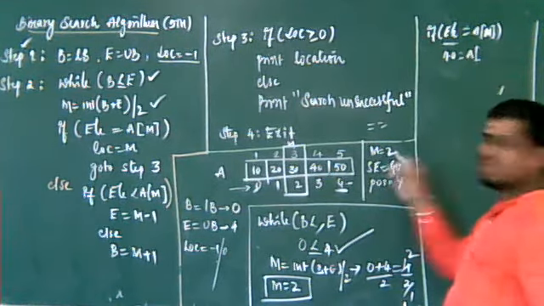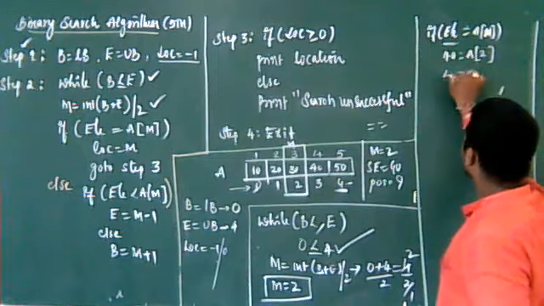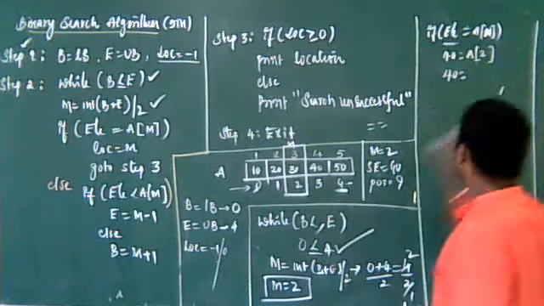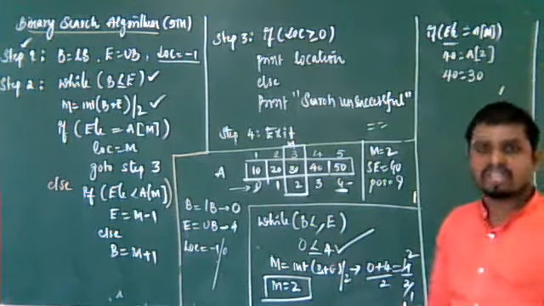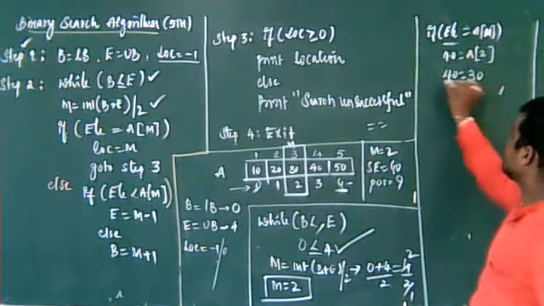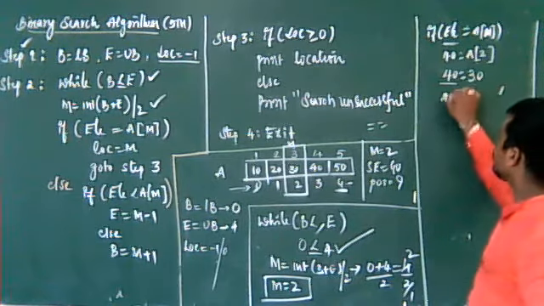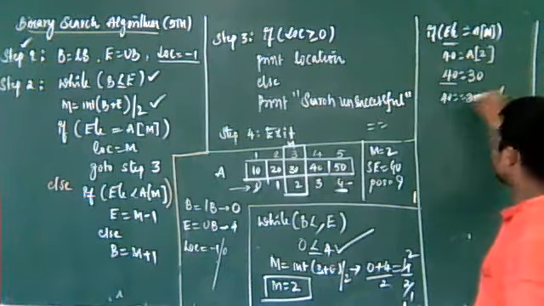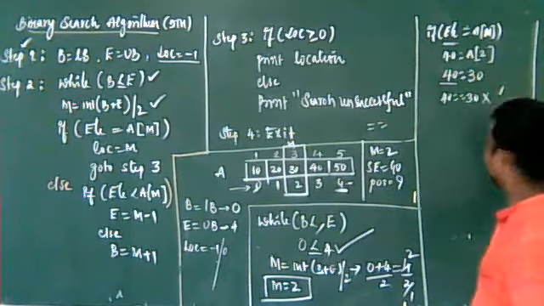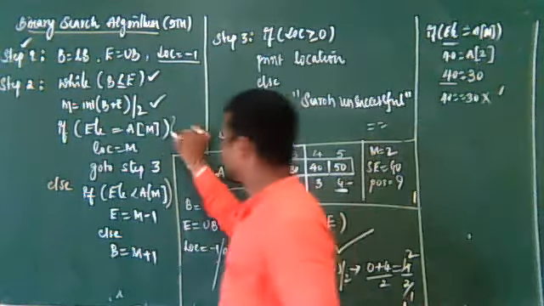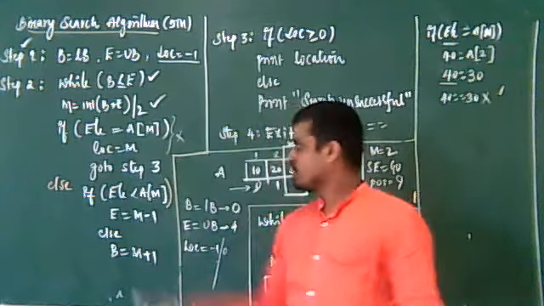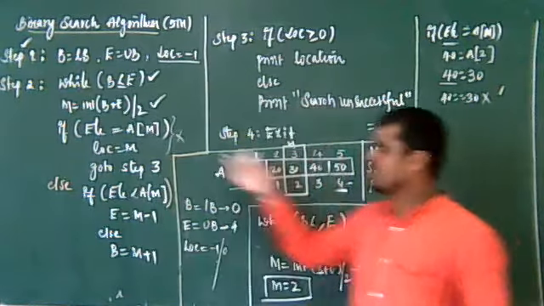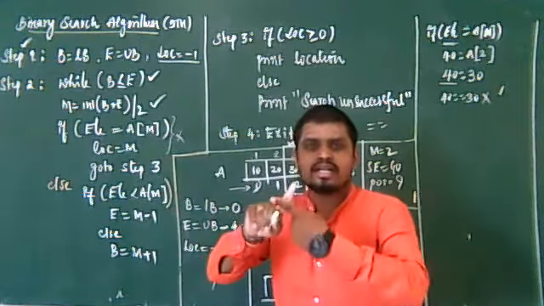How much do we have at A of 2? 30. Are you searching 40 or 30? My searching element is 40. Are these two the same? No. If they were the same, the search would be successful. But I am not searching 30, I am searching 40. Here the condition doesn't match, so this block will not get executed. If it were executed, we would go to step 3, but it is not going to execute because the condition is false.